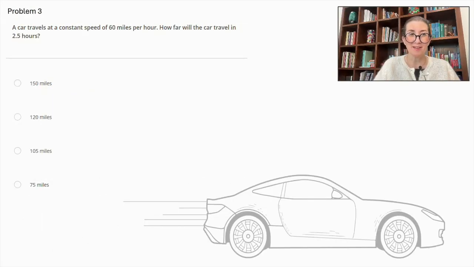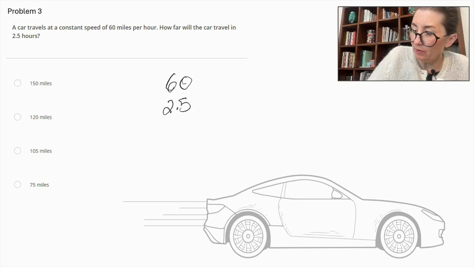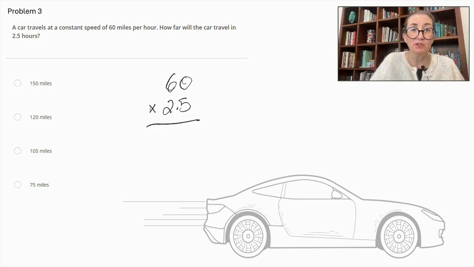Problem number 3. A car travels at a constant speed of 60 miles per hour. How far will the car travel in 2.5 hours? Let's do the math. This one is very straightforward. We simply multiply the number of hours by the constant speed.